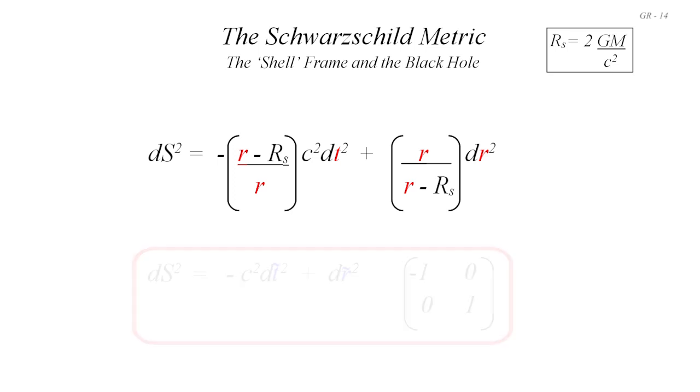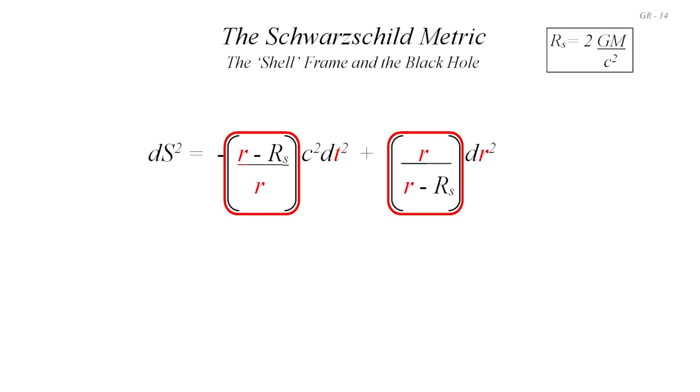However, you may realize that there is a sense in which this is not, strictly speaking, flat spacetime. What do I mean? Well, to get this to be the case, we had to transform the red t by the square root of this factor to get the blue t tilde, and the red r by the square root of this factor to get the blue r tilde, and both of these are functions of the position r.